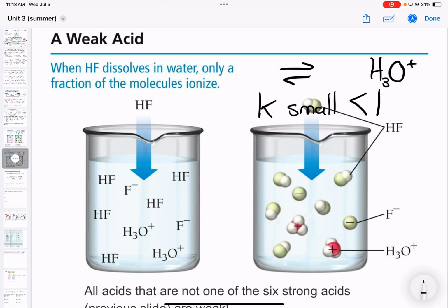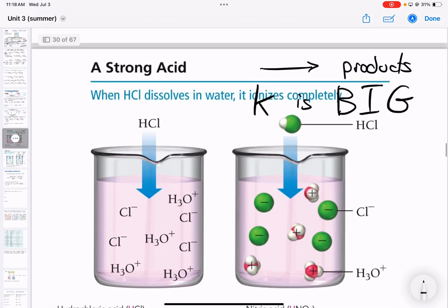The reason why this is so important is because one of the products, the H3O+, that's the thing that causes all of the properties of an acid, like acids are corrosive, acids taste sour, all of these things are caused by the H3O+. So if I have 1 mole of a strong acid, that will make 1 mole of H3O+.